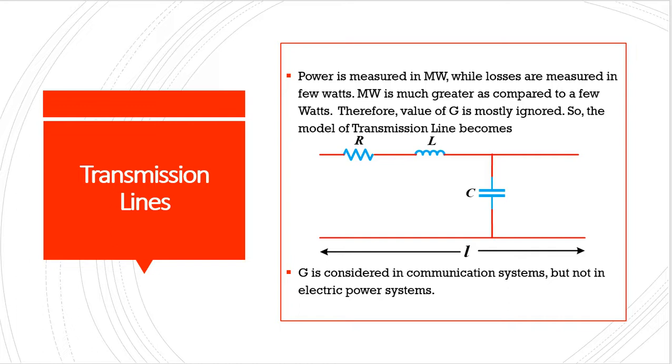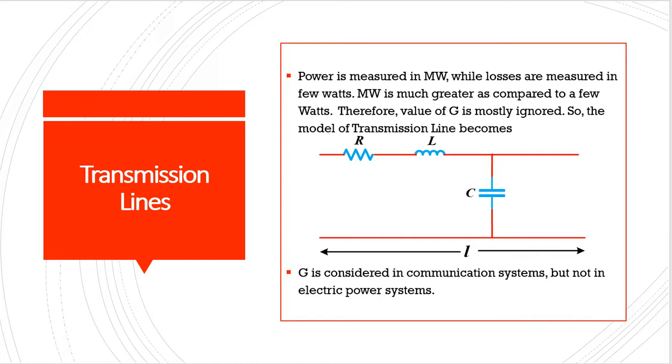So with a very reduced amount of power, we deal with communication systems. That's why we cannot ignore this factor of G in communication systems. However, it can be ignored in electrical power systems. Why can it be ignored?